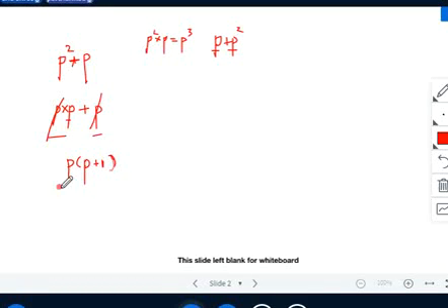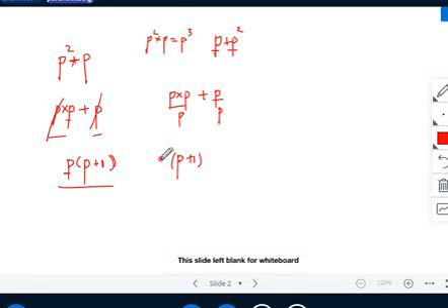How do you cancel the p? I didn't understand this part. Okay, you have taken out p as common, p outside, which means you just have to divide each term by p. Whatever you are taking out as common, you have to divide every term by it. So p squared divided by p will give you p, and p divided by p will give you 1. So p plus 1.